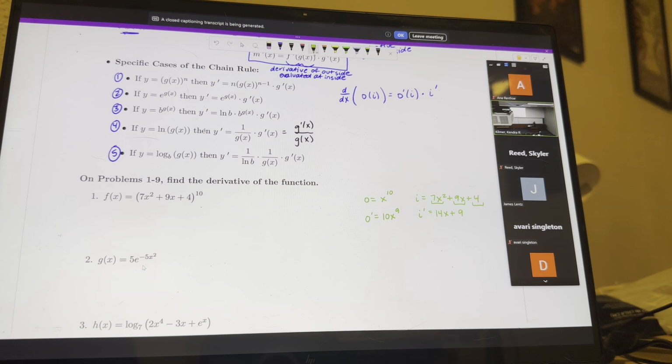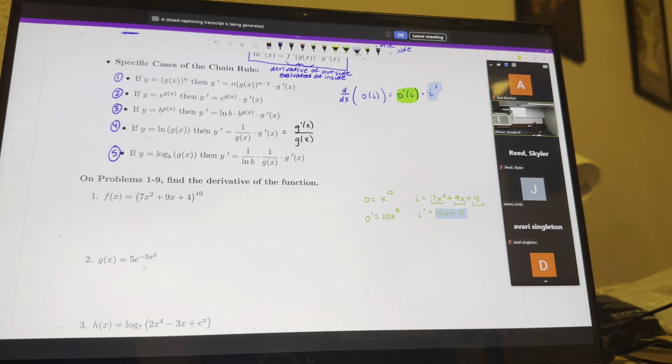And so if we look at what the chain rule tells us, we need to find the derivative of O and evaluate it at I, and then we need to multiply by the derivative of I. So we already see here that I prime is 14x plus 9.